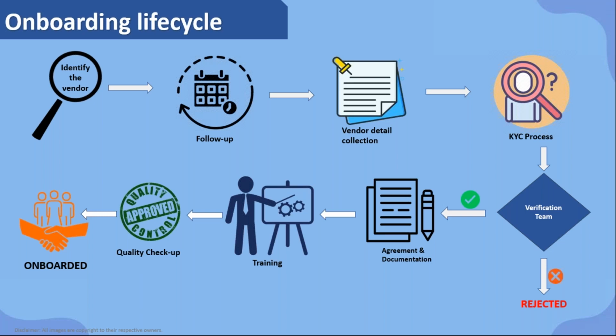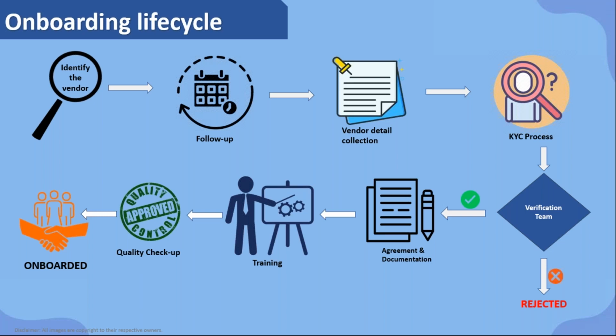Then what exactly will the verification team do? Once the documents are collected, the verification team will verify that it is the right vendor we are onboarding and whether the documents are correct or not. If it is correct, it will move to the next step. Otherwise, it will be rejected here itself. And further down the line, you can re-nurture them if they are capable enough to partner with you.